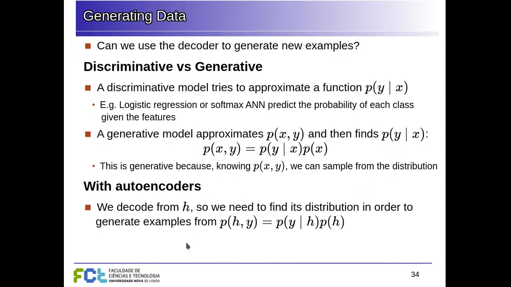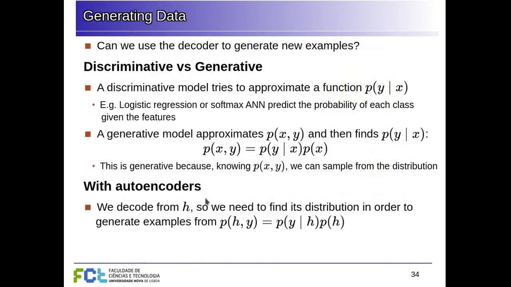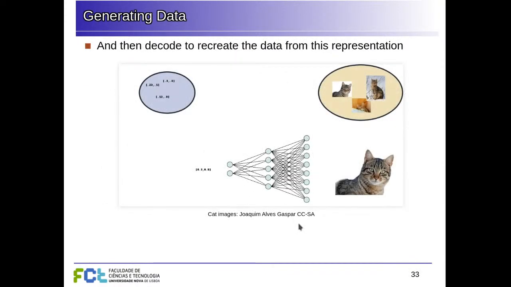With autoencoders, we need to decode from the hidden representation, this latent representation here on the hidden layer. We have this decoder that gives us the conditional probability of going from this point to this one.